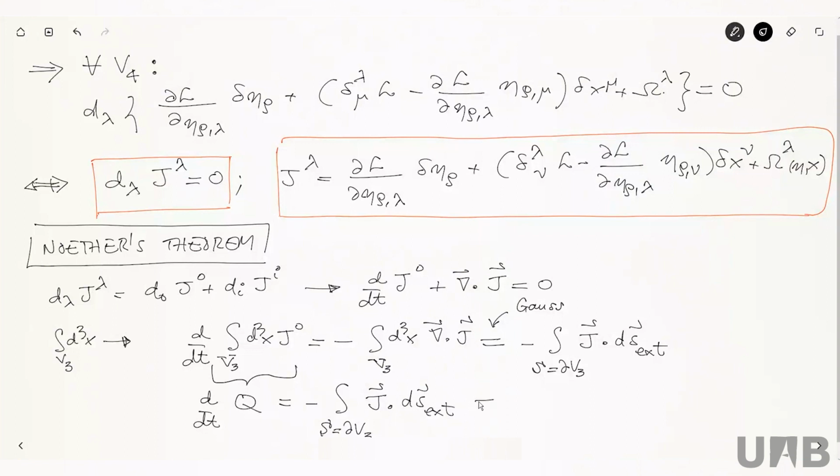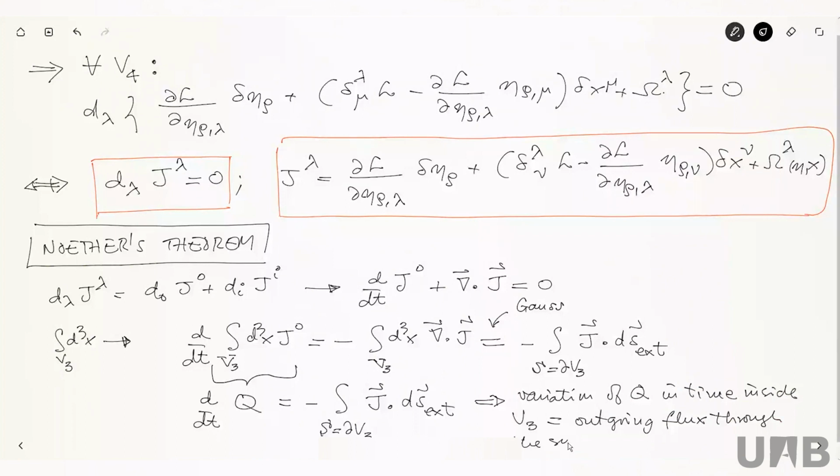So what this means is that the variation of Q in time inside V3 equals the outgoing flux through the surface of V3.